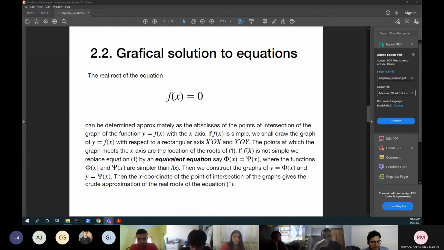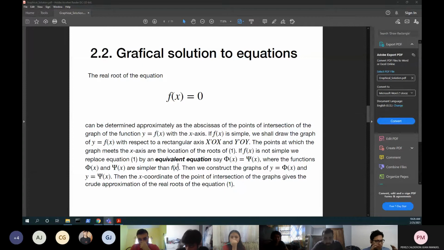If f(x) is not simple, meaning it is not as easy as you expected, we can replace equation 1, the equation f(x), by an equivalent equation, phi(x) equal to psi(x), where the functions phi and psi are simpler than f(x).